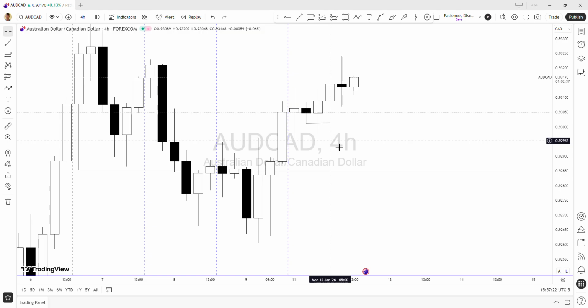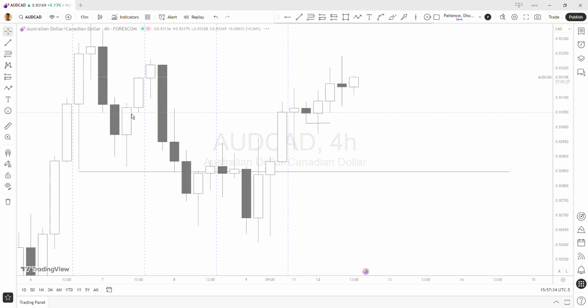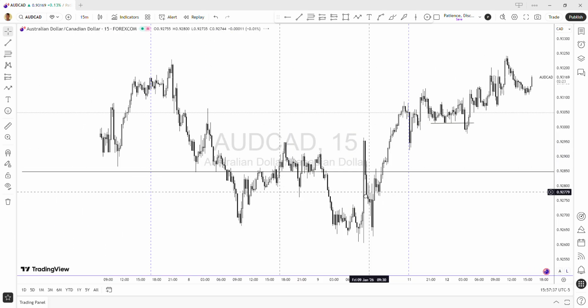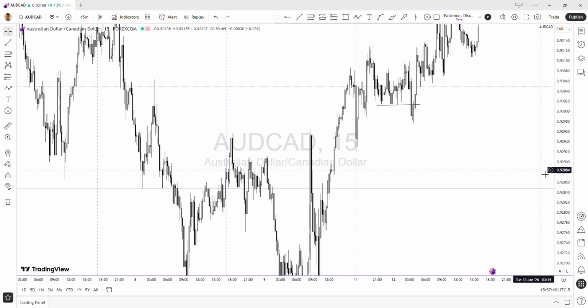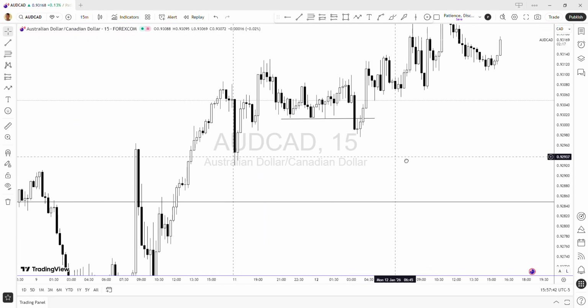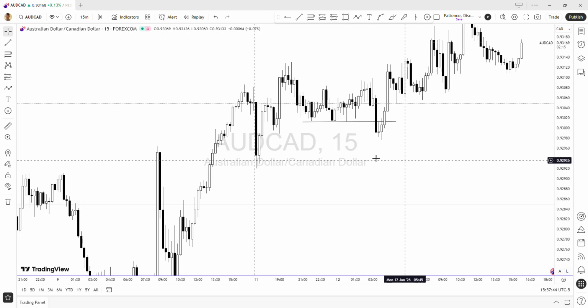As I woke up, this one came, it didn't take away any of these candles, so I was patiently waiting. As it closed, this one produced itself, and I dropped down to 15 minutes. I don't rush, I don't just follow the time frames like that, because I already know my bias.